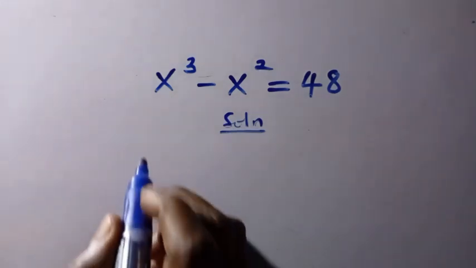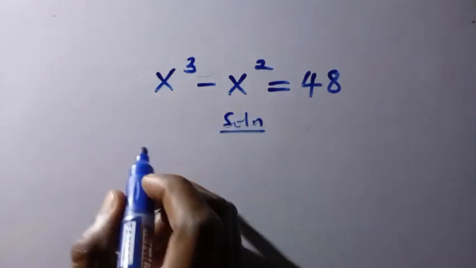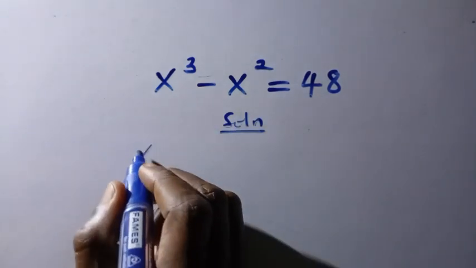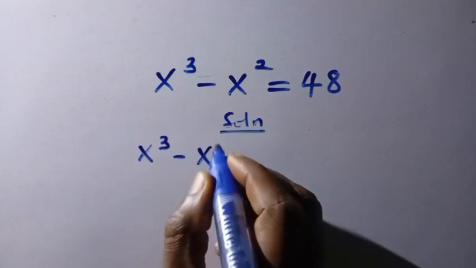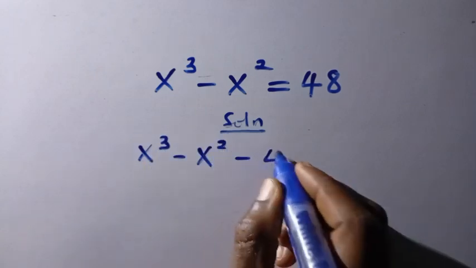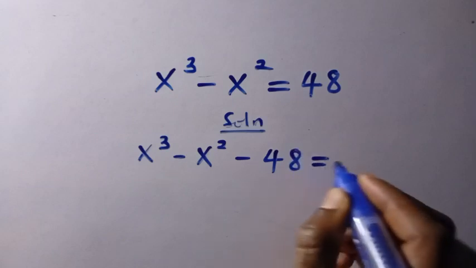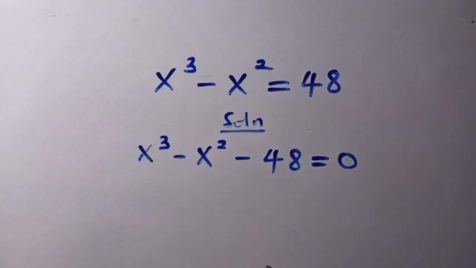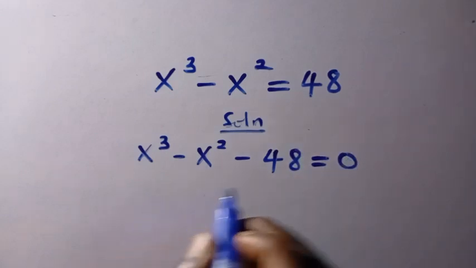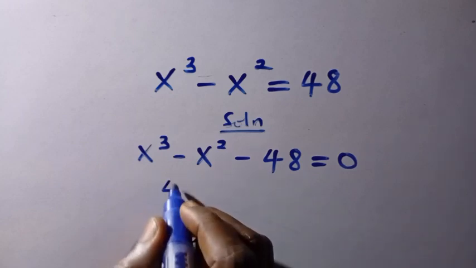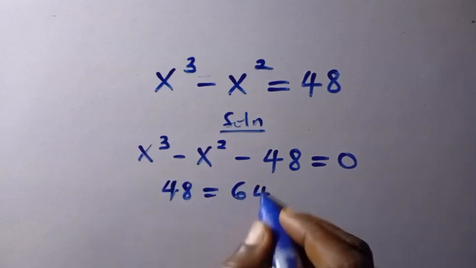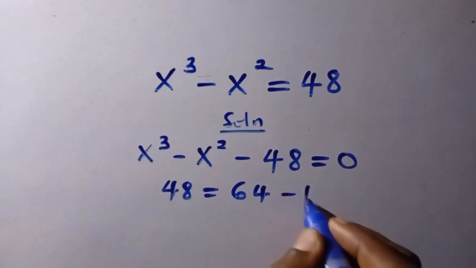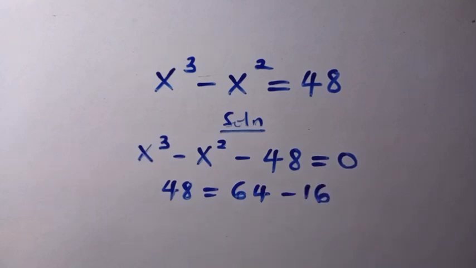From here, we are going to transfer 48 to this side, as we have x power 3 minus x squared minus 48 equals 0. We have to note that 48 equals 64 minus 16.